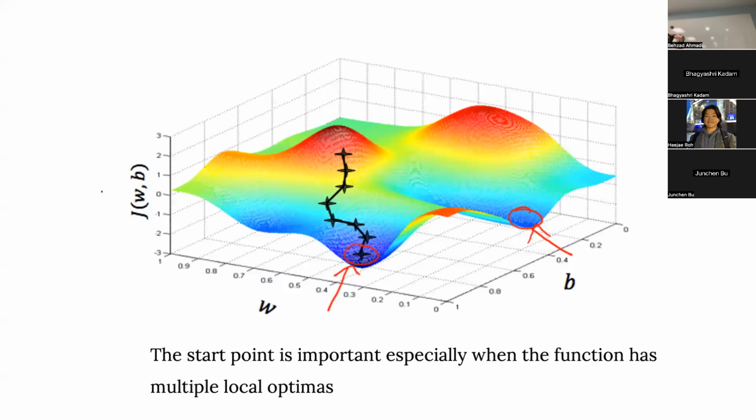So the visual part of it, you can also find in the video. This is a good visualization, a hyperplane of W and B. You start at some random point, and you can think that there sometimes are two optimal points. But the gradient descent algorithm follows this path.